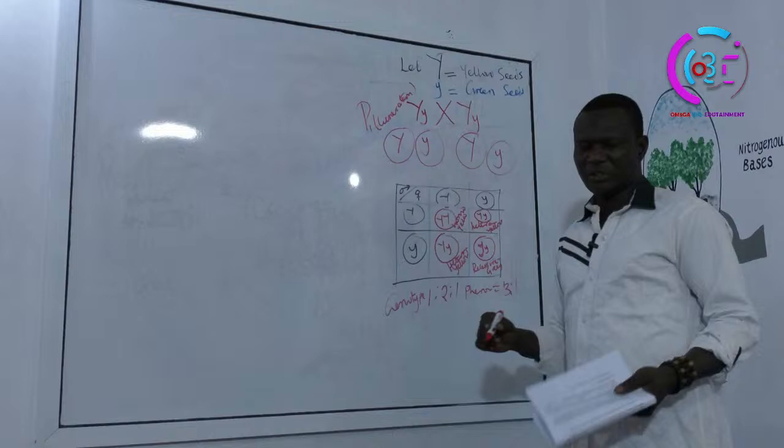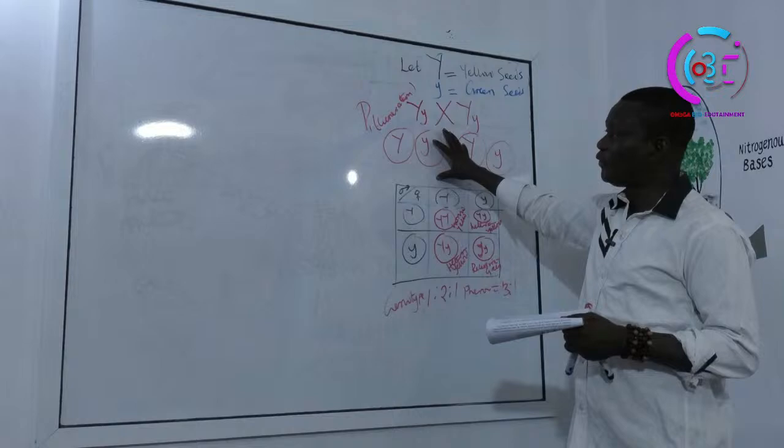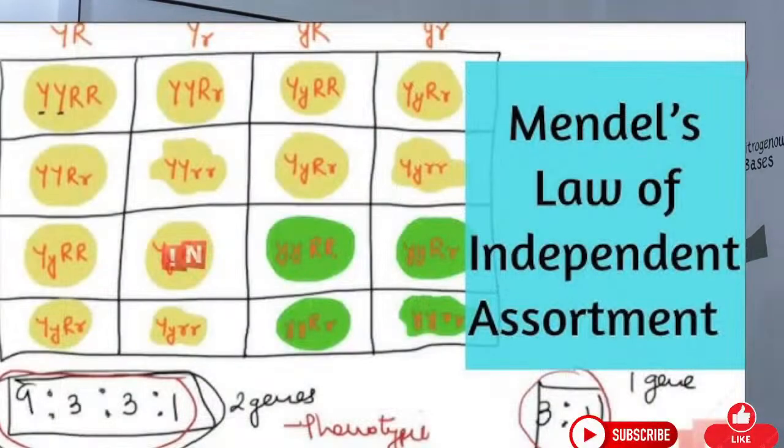So the question is actually talking about the verification of Mendel's first law. This is exactly what starts the first law: when you cross yellow with green, the first filial generation is going to be all heterozygous yellow.